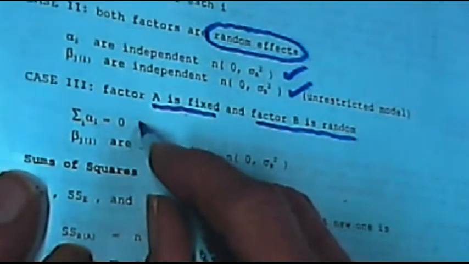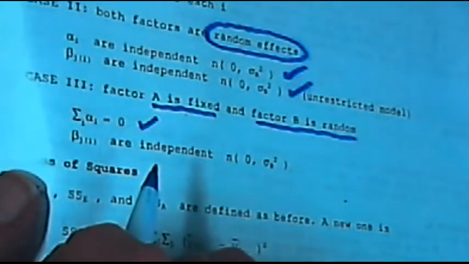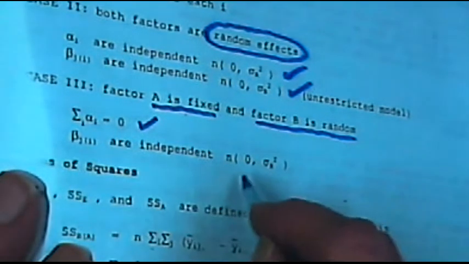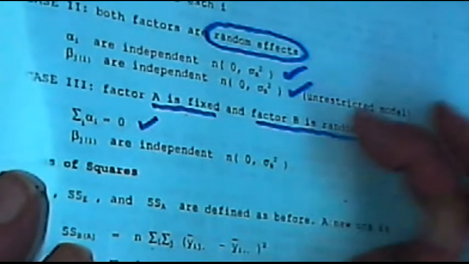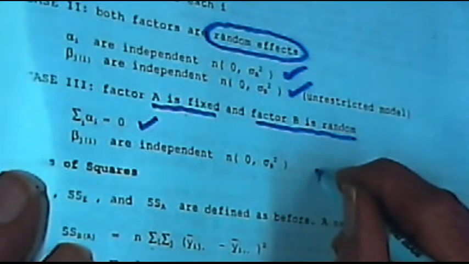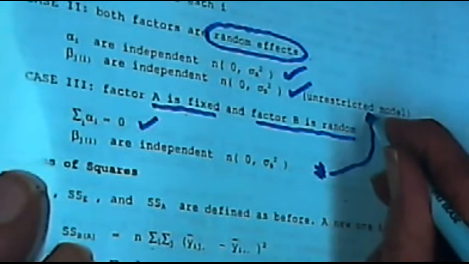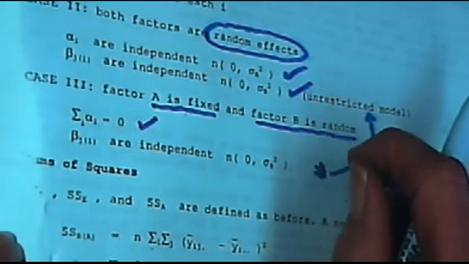So we have this side condition on the parameter for factor A. As far as the randomness goes, with factor B, we assume these beta parameters are independent normals. I should say here, this is an unrestricted model. Remember when we ran across mixed models for the first time in an earlier handout, we had two cases. We called one case the restricted, the other case the unrestricted.